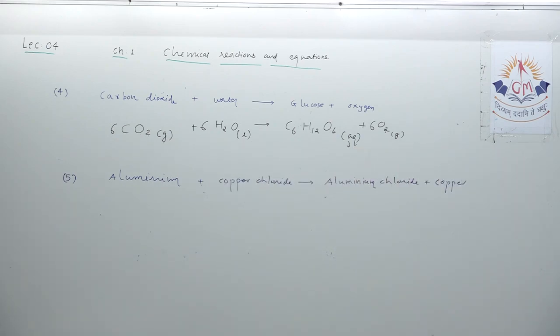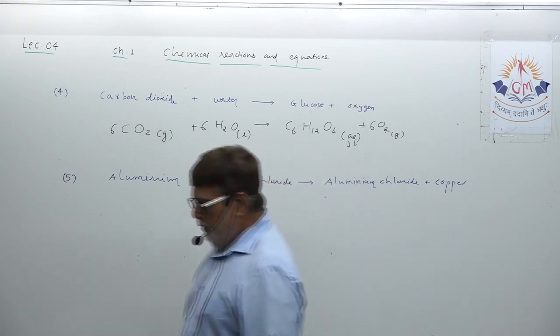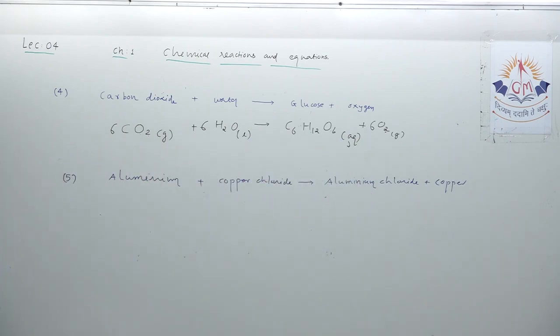The equation is given. What is that? When aluminium reacts with copper chloride, it produces aluminium chloride and copper. You need to understand this and try to balance this chemical equation by thinking of the correct formula of the compounds.